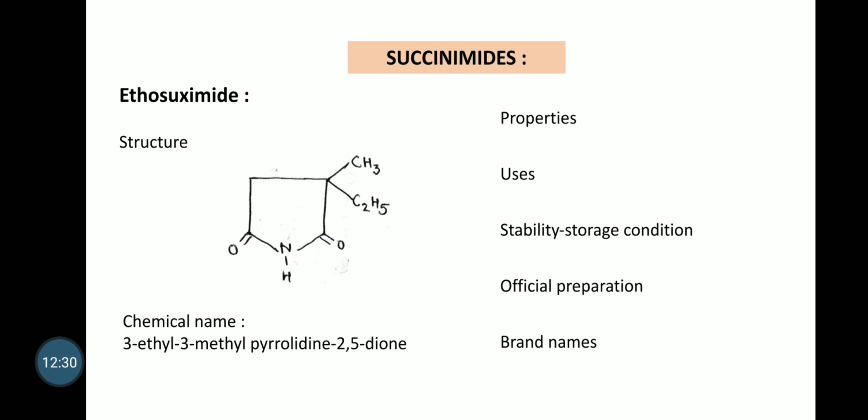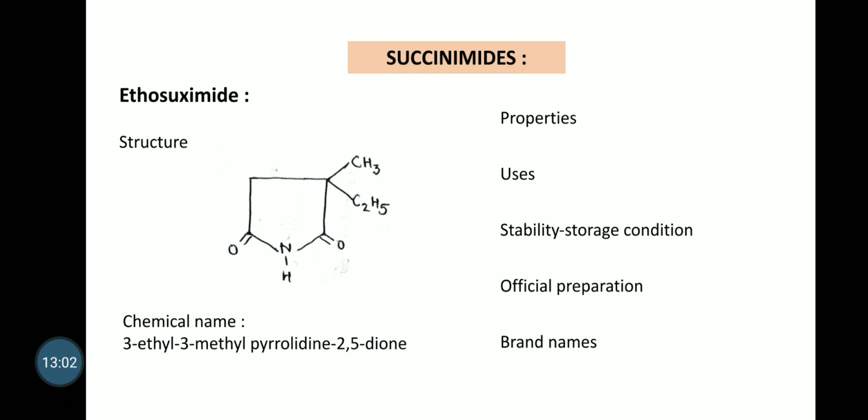Properties: it occurs as a white powder or a waxy solid, odorless, and has a slight bitter taste. It is very soluble in dichloromethane, in ethanol, and in ether, but freely soluble in water. Uses: it is used in treatment of petit mal epilepsy and psychomotor seizures.